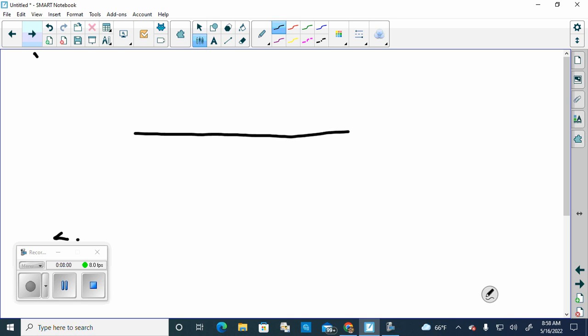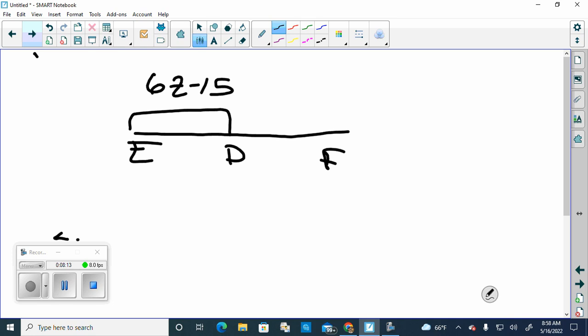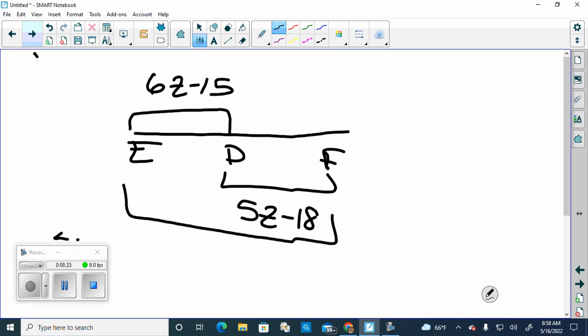So D is someplace in between E and F. They say the distance ED is 6Z minus 15, from D to F is 5Z minus 18, and then EF, the total distance, is 33. And they want you to solve for X.